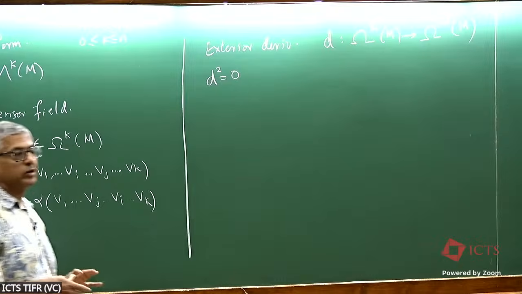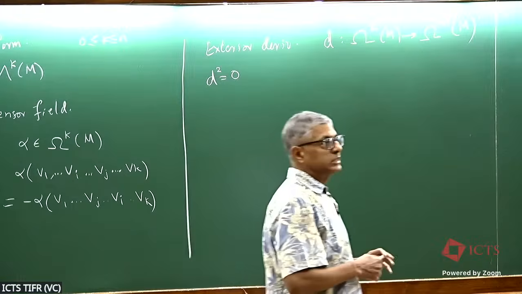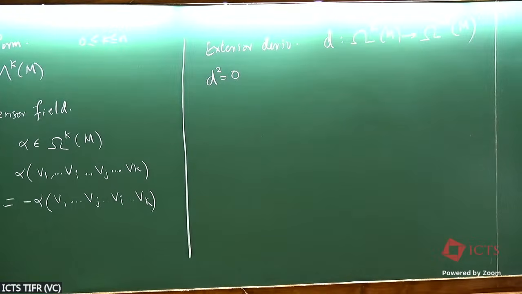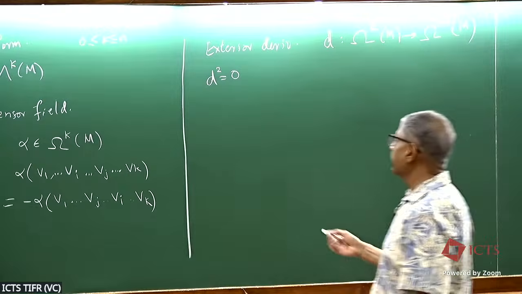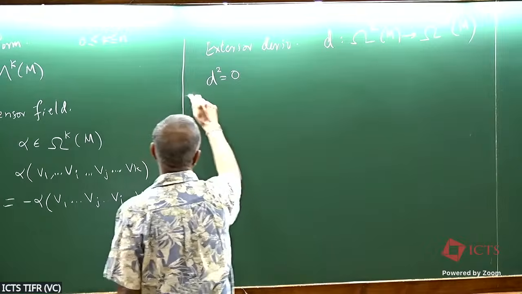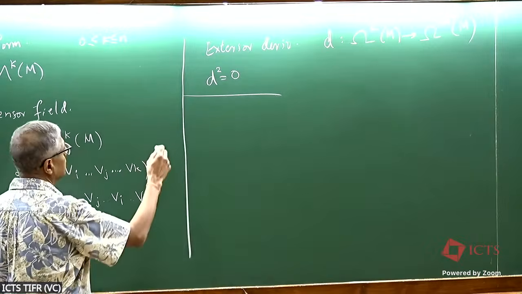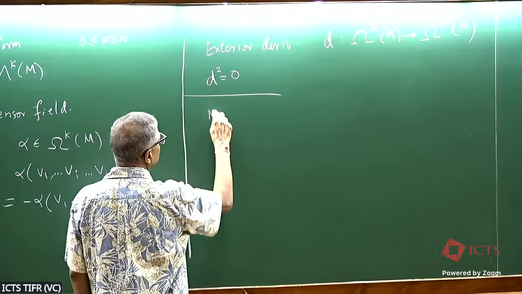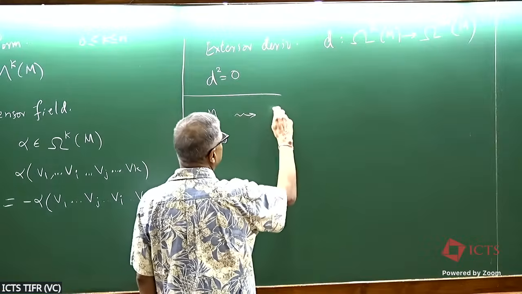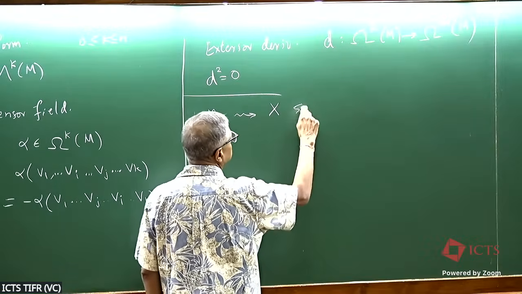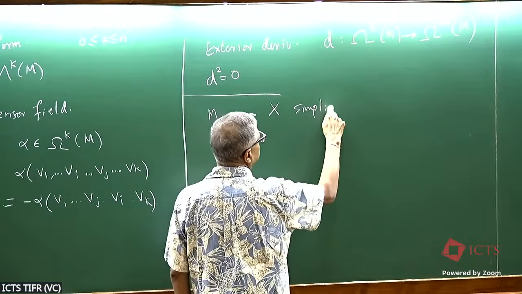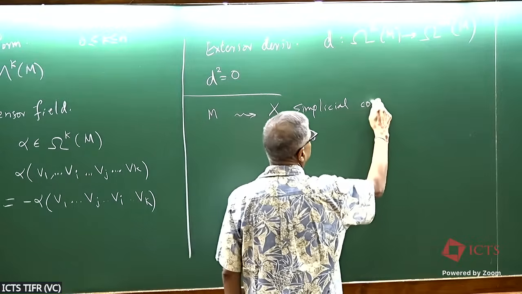Richard Palais introduced a definition which is completely coordinate free, involves Lie brackets. And again, you have to define derivations, Lie brackets, and so on. So we won't do any of that. We want to discretize. The punchline is we'll discretize manifolds as simplicial complexes, and that is what I will try to quickly define.